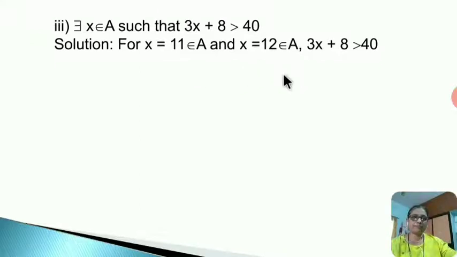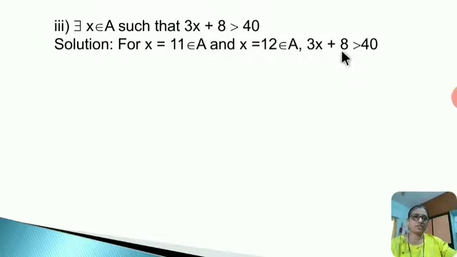A, this equation is satisfied. If we put x is equal to 11, here we get 33 plus 8. What is 33 plus 8? 41. 41 is greater than 40. So for x is equal to 11, the given equation gets satisfied. Now if we put x is equal to 12, here we get 36 plus 8.